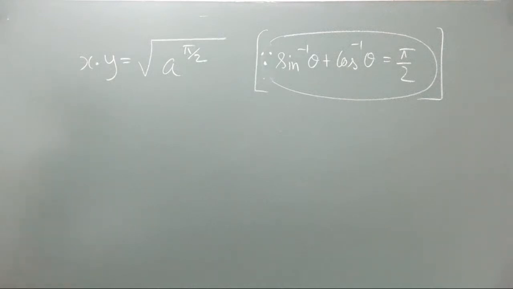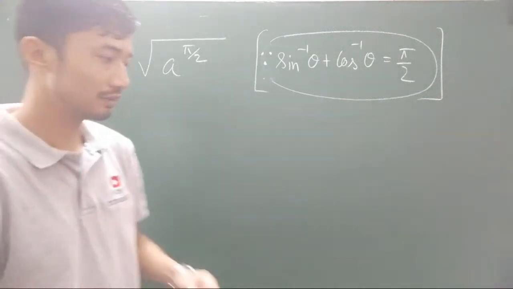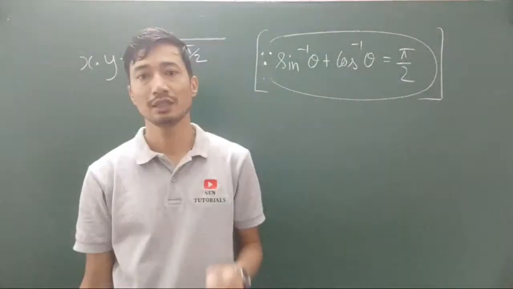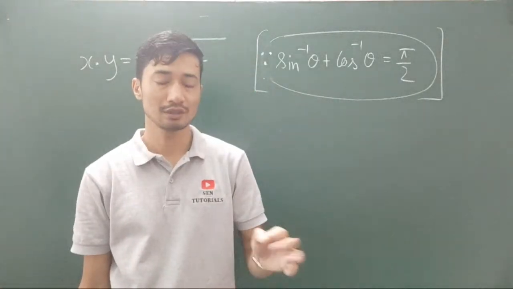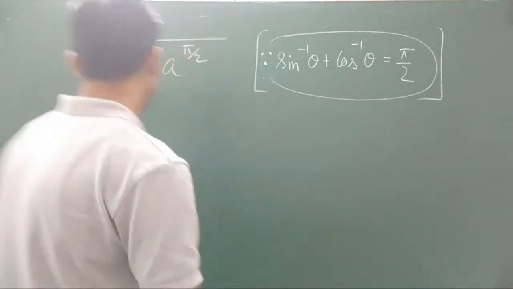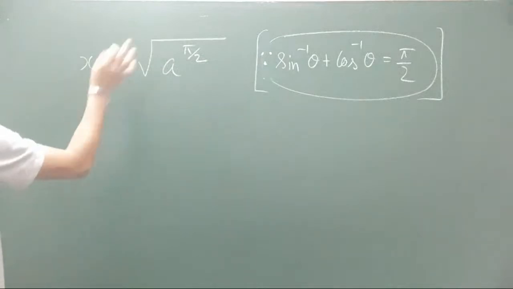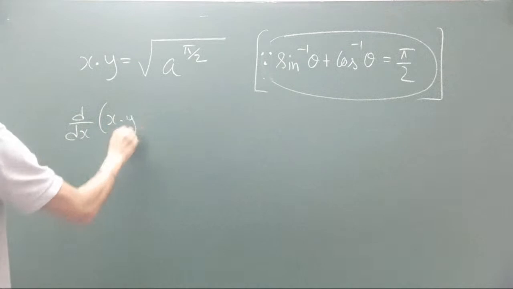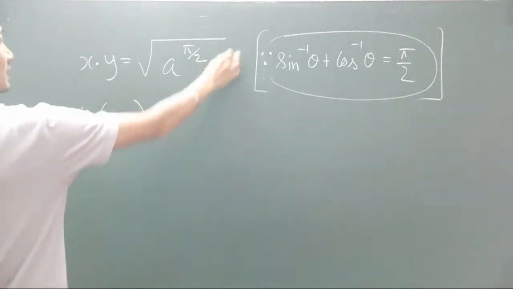Now kindly write down differentiating with respect to x. Differentiating with respect to x. So here the product rule will work, but anyway, what will this be, my dear children?